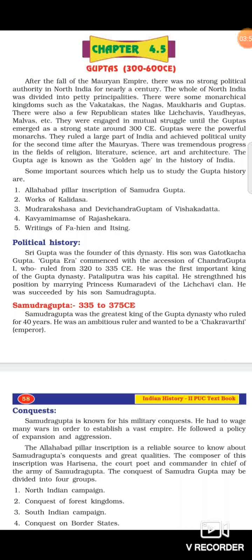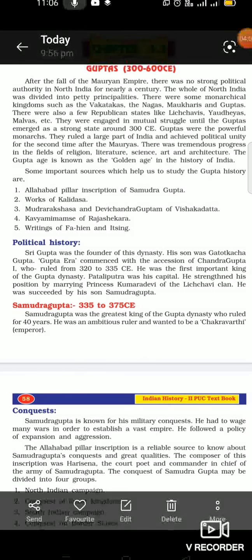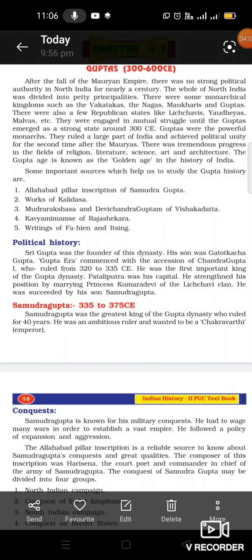Then his conquests. Samudragupta is known for his military conquests. He had to wage many wars in order to establish a vast empire. He followed a policy of expansion and aggression.